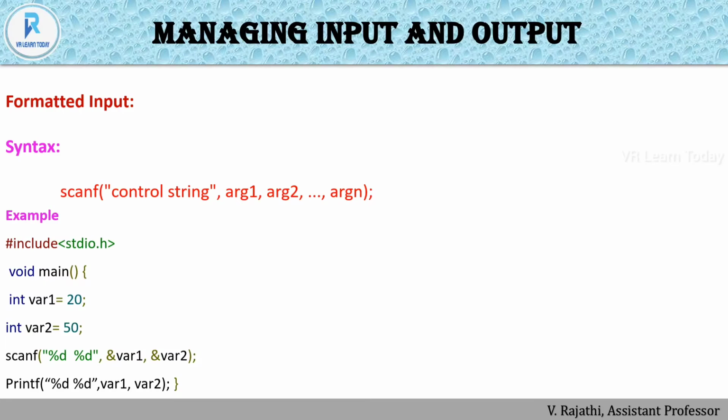However many arguments you need, that many control strings or format strings you have to specify. Here I'm using two %d, so I have to use two arguments, variable 1 and variable 2. And listen to one more thing: in scanf we have to use the ampersand. In printf we don't need to use the ampersand.